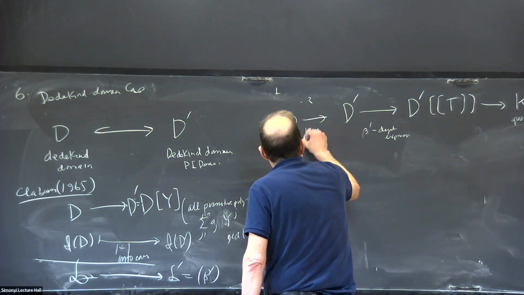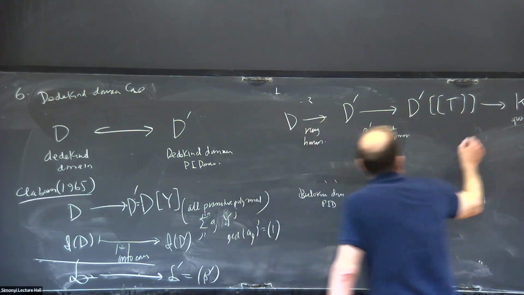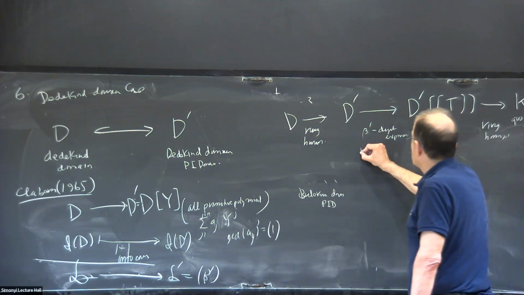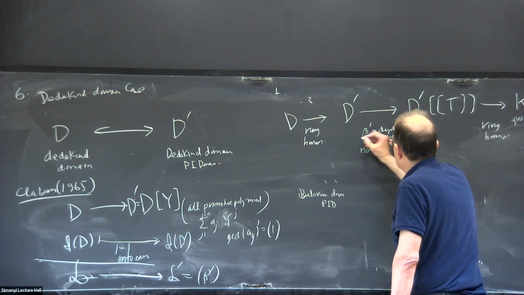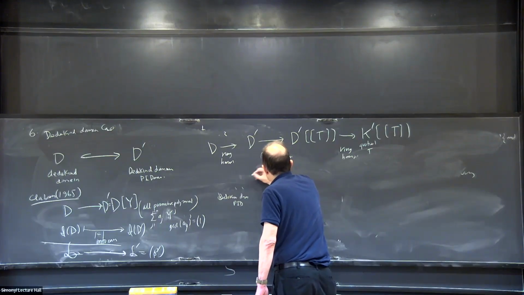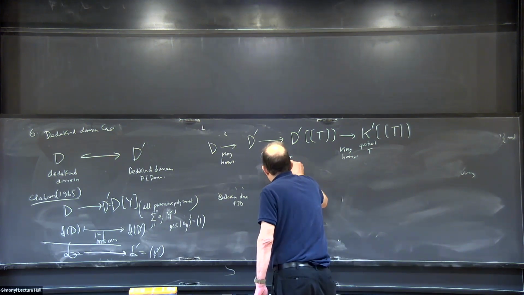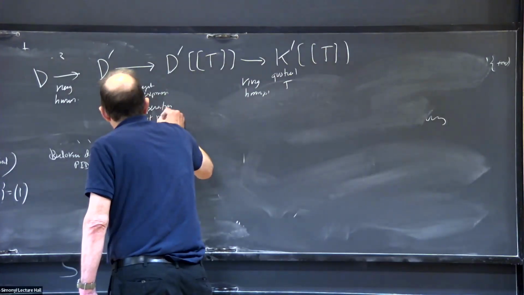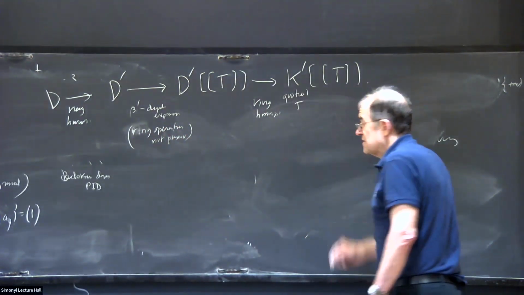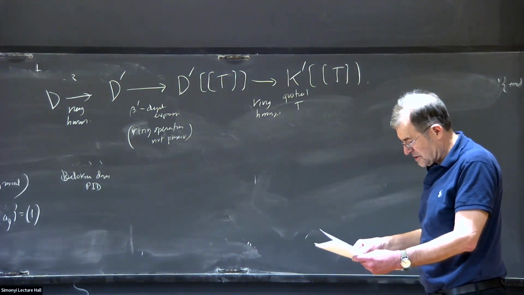This is a ring homomorphism. You have this map here. It's a ring homomorphism. And then you have this thing. It's not; ring operations are not preserved. Okay, so that's the recipe for showing it in the general case.